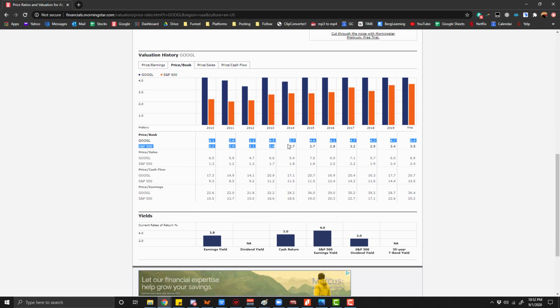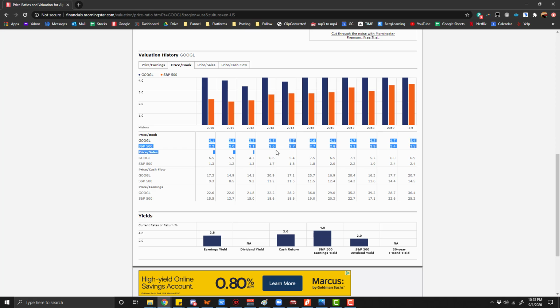When you're getting $300 of equity in Google, remember, the book value was $300. Well, you're actually paying 5.4 times that much. So you're paying like $1,600 to get $300 worth of equity. So you're paying 5 times the price to get that.